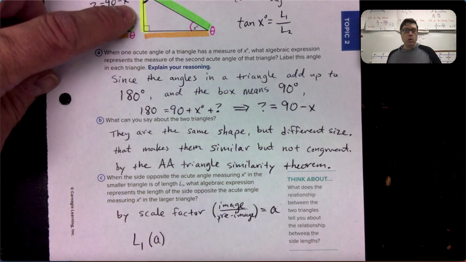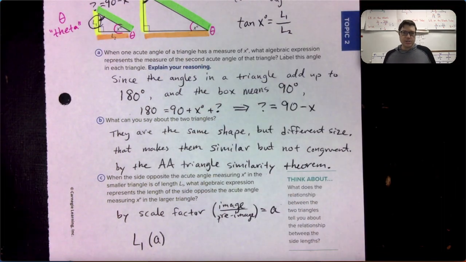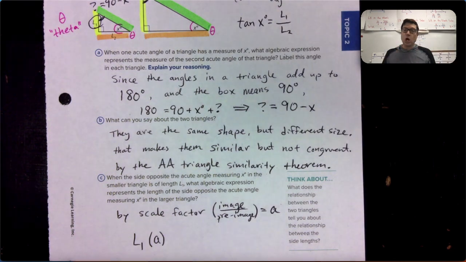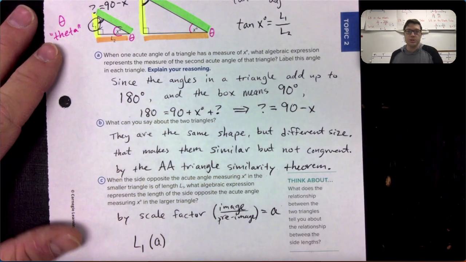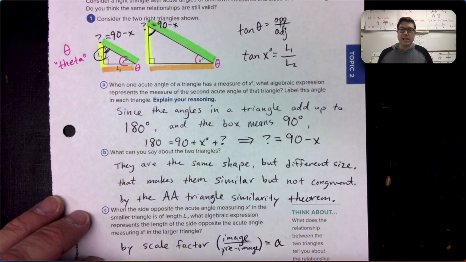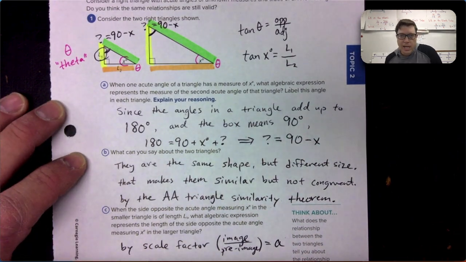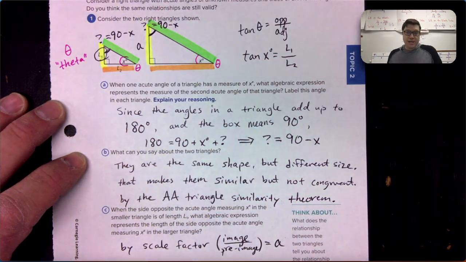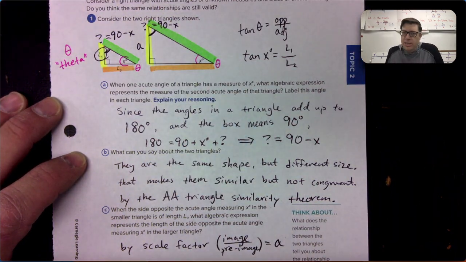And that'll equal the other triangle's other side, because the scale factor multiplies all sides of the triangle by the same amount. I might be getting ahead of the next page, page 556. That's the next video, but I can write that on this page right now and then pick it up in the next video as well. If A is my scale factor, I don't know what A is right now because there are no numbers.